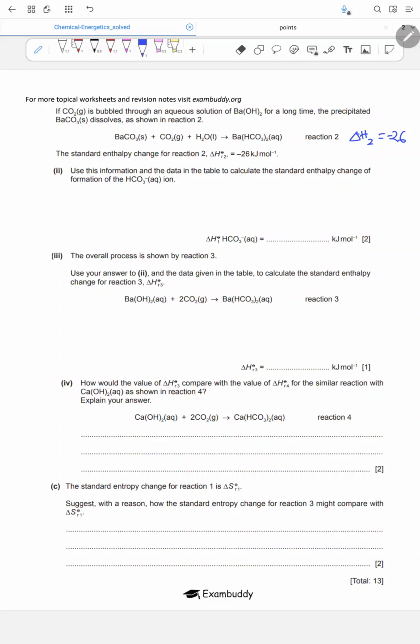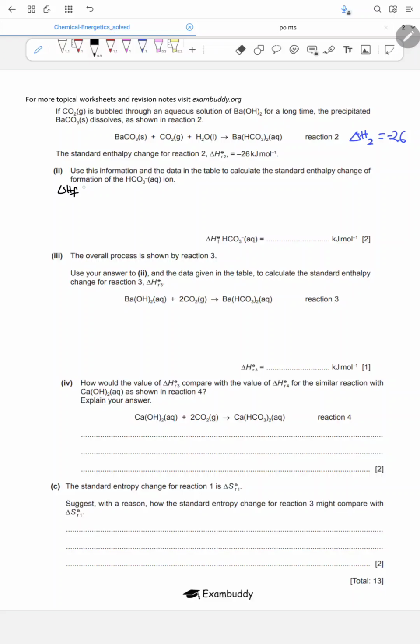Similarly, we'll go for the formation method. In the product side we have hydrogen carbonate. So we have 1 barium ion.